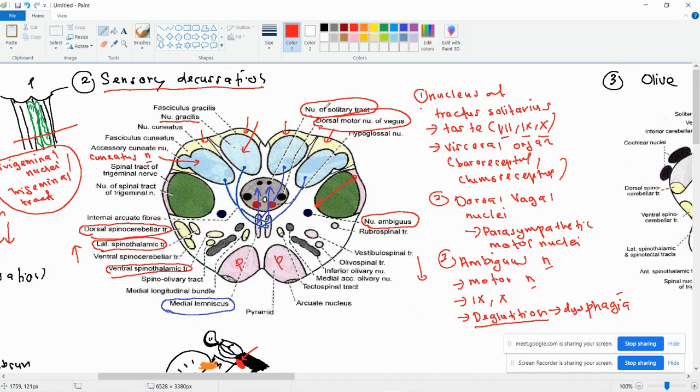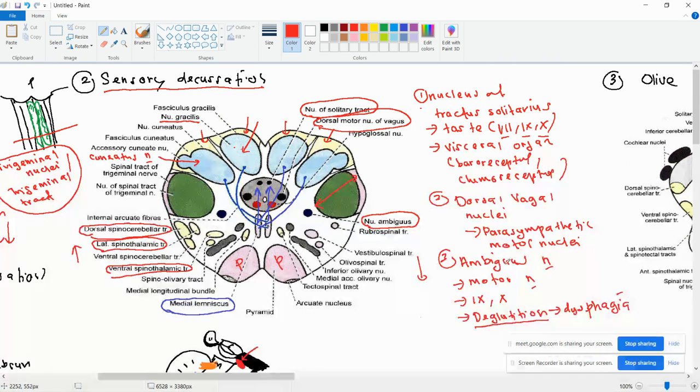Number one, the nucleus of tractus solitarius, important for what? It carries sensation regarding taste and also visceral sensation, for example baroreceptors and chemoreceptors, coming from where? Coming from cranial nerves number 7, 9 and 10. Number 2, we have the dorsal vagal nuclei, which belong to the vagus nerve, and basically act as parasympathetic motor nuclei, stimulating any smooth muscle, any cardiac muscle, any gland in your thorax and abdomen, for example your stomach, your GIT, your liver, your heart, everything under the influence of your dorsal vagal nuclei.